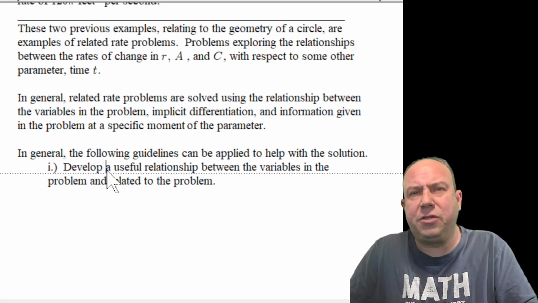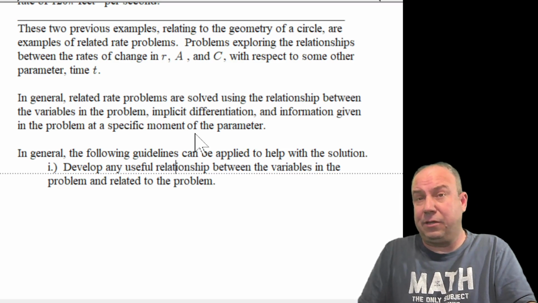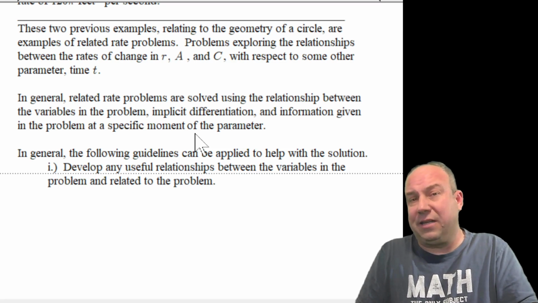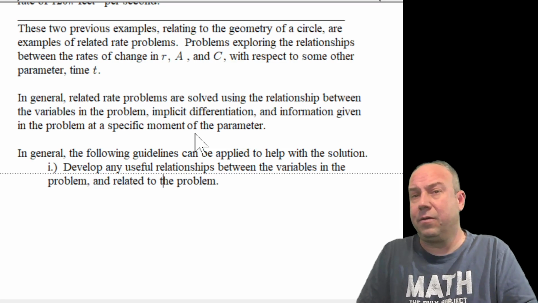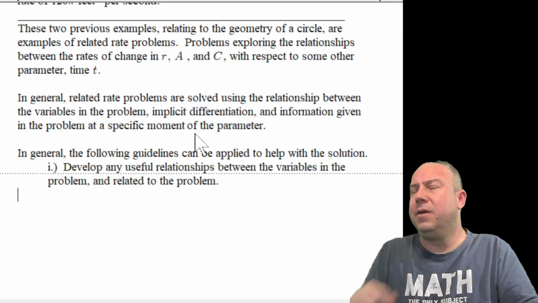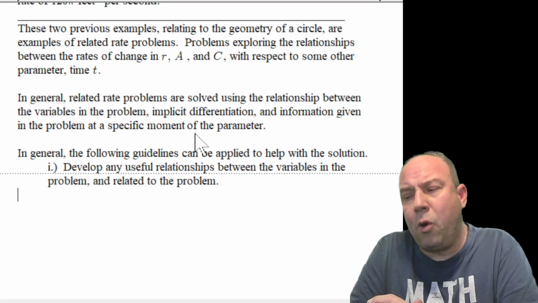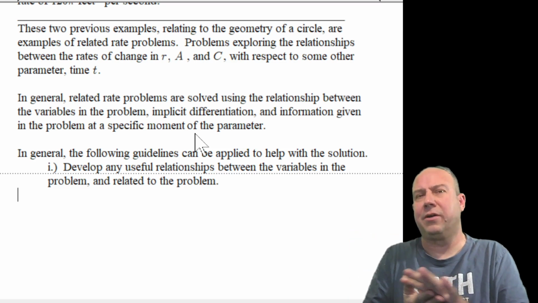I probably should say develop any useful relationships between the variables in the problem and related to the problem. In some related rate problems, there's going to be more than one useful relationship, and we're actually going to see that in the following example here.